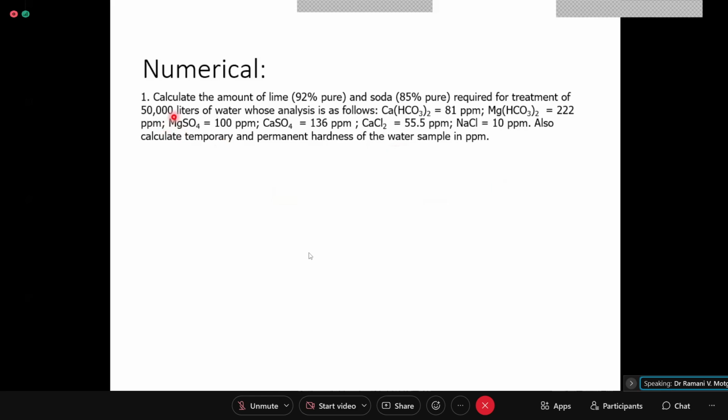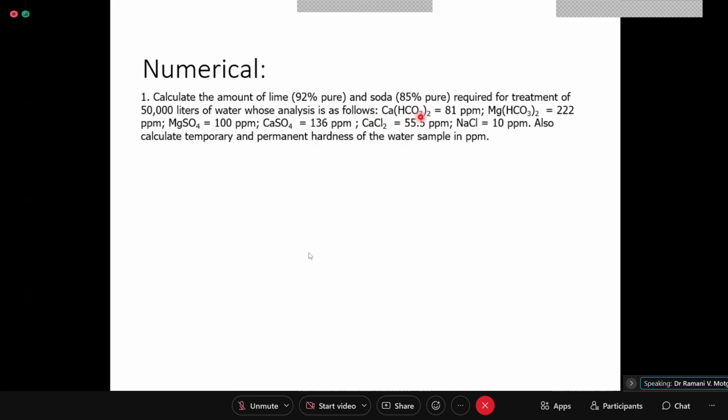So the first numerical is: calculate the amount of lime and soda. The purity factor is given, 92% pure lime and 85% pure soda, required for treatment of 50,000 liters of water, whose analysis is as follows.